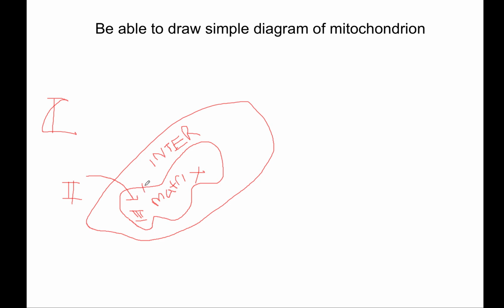Stage 4 happens on the inner membrane, okay? So here's the outer membrane. Here's the inner membrane. Stage 4 happens on the inner membrane.